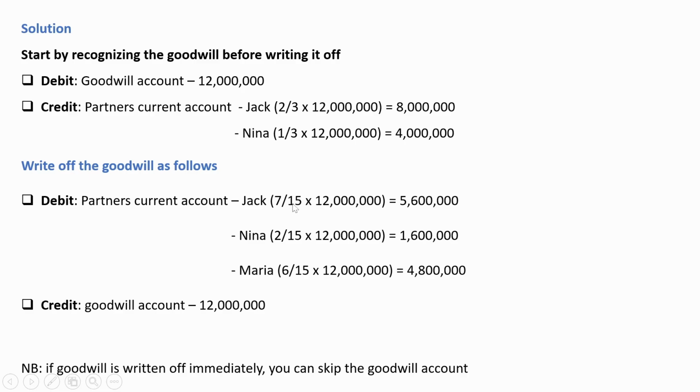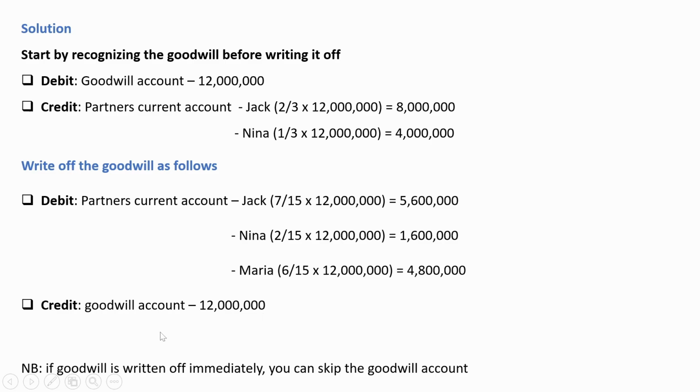Jack will take 7/15 times 12 million, that is 5.6 million. Nina will take 2/15 times 12 million, that is 1.6 million. Maria will take 6/15 times 12 million, that is 4.8 million. And then we credit the goodwill account with the whole amount, 12 million.